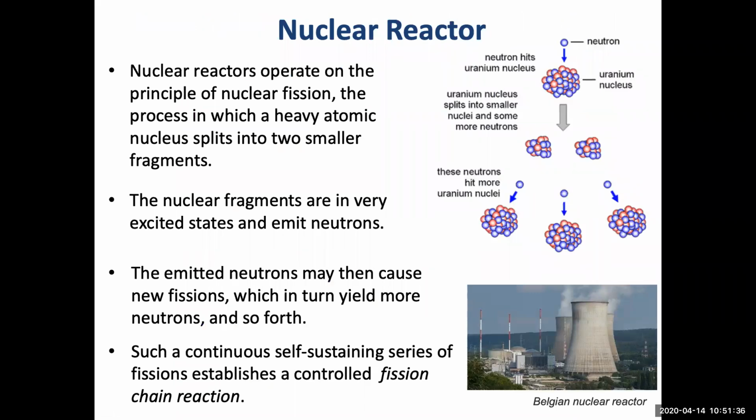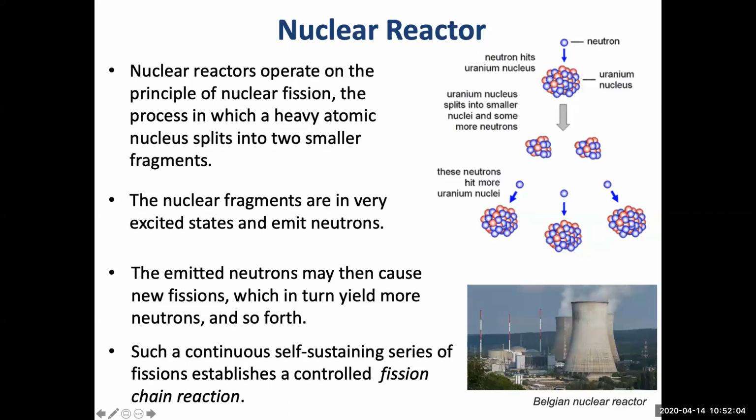The second kind of radionuclide production is done by the nuclear reactor. Nuclear reactors operate on the principle of nuclear fission, the process in which a heavy atomic nucleus splits into smaller fragments. So we have a neutron and a uranium nucleus inside the reactor.